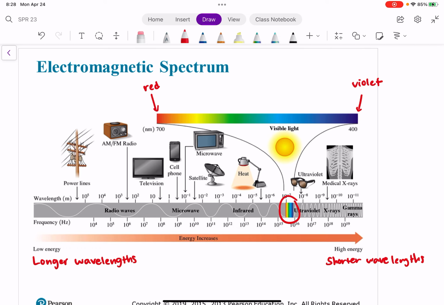On the left, red light has a wavelength of around 700 nanometers, and violet light has a wavelength of around 400 nanometers. I'm saying around or approximate because it's a spectrum, so I would call any of those colors kind of red and so on. And you'll notice that blue light is right here, more towards the higher energy side of the spectrum. That's why scientists often talk about your cell phones and devices giving off a lot of blue light and keeping you awake at night, because that blue light's higher energy.